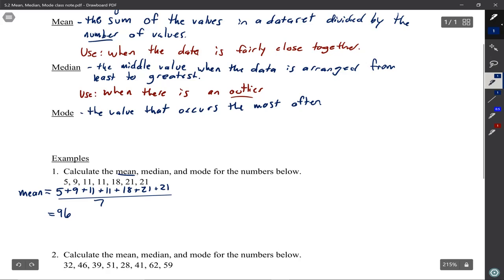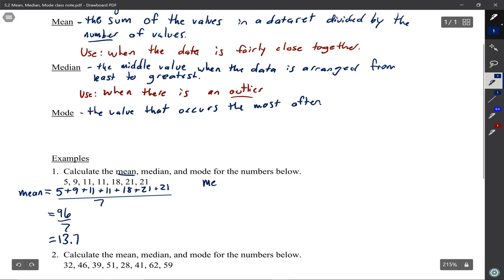If I put that into my calculator, I'm still dividing that by 7. So 96 divided by 7 is 13.7. So note, the mean does not have to be a whole number. It can be a decimal or a fraction. So our mean is 13.7.